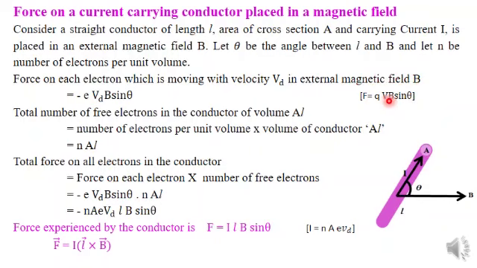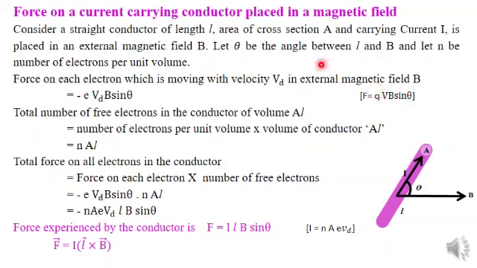But here, since current is the flow of electrons due to the external electric field, as we studied in the last chapter, we are making two changes according to this situation.